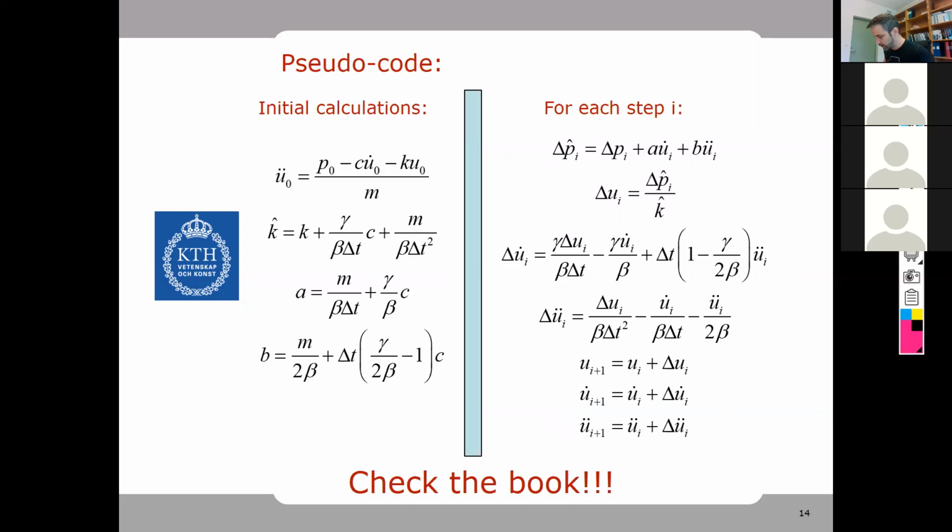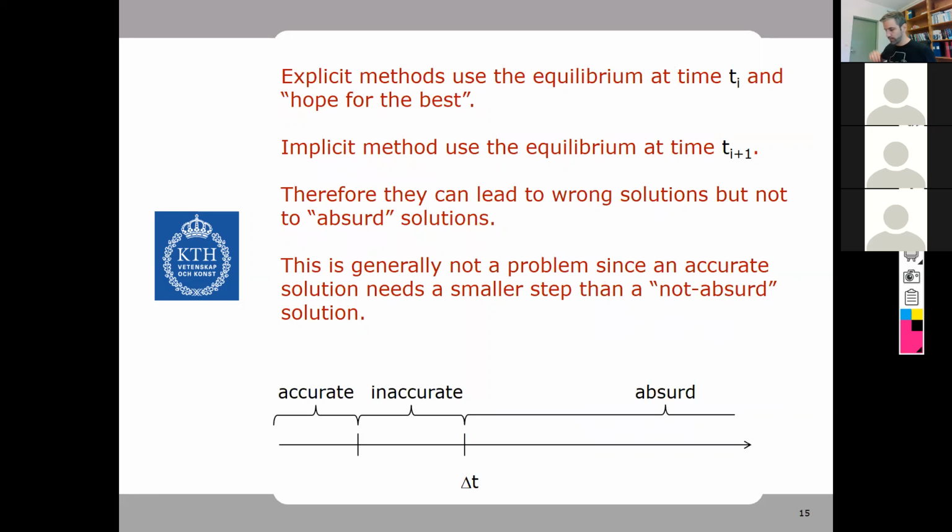Okay, but just as in the previous method, we use the previous results that we have obtained again and again in order to generate new points, new data.